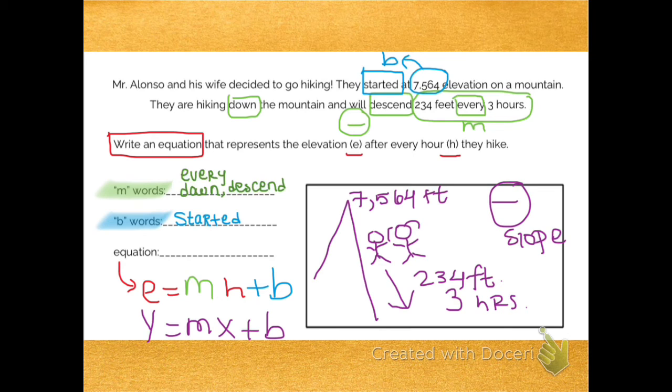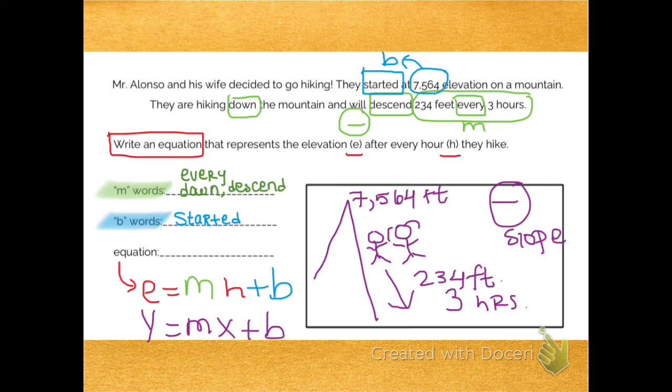So descend down tells us that it's a negative slope, 234 feet every 3 hours. So that keyword every tells us that we're going to be using the 234 and the 3 to find our actual unit rate, the slope for 1 hour. How much is the descent of elevation? Okay, so every, down, descend are keywords for M.